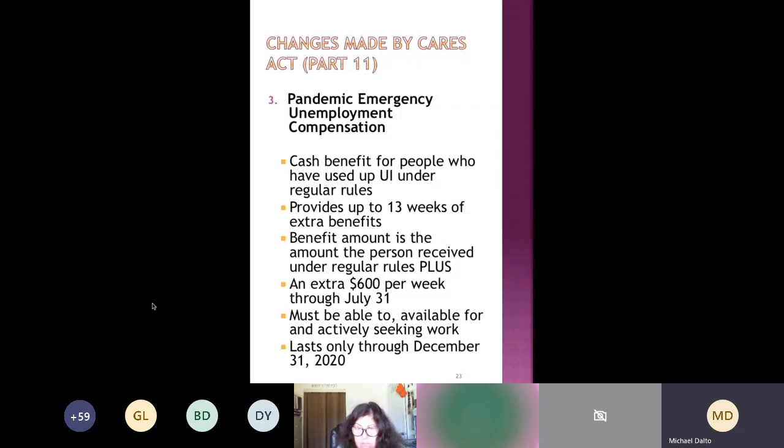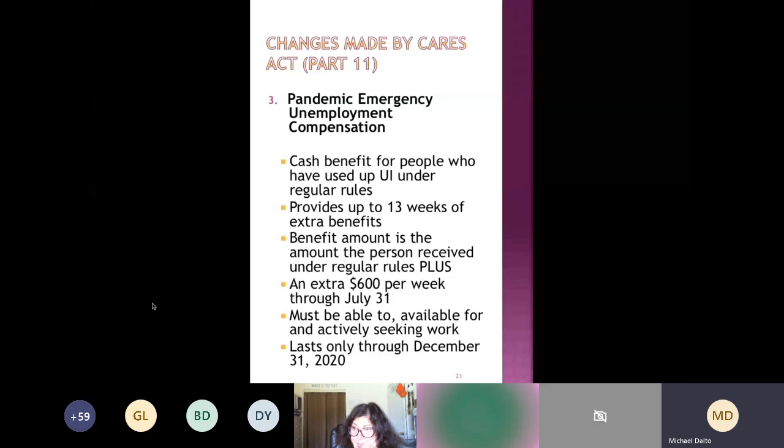Interestingly, though, the CARES Act doesn't say that about pandemic unemployment assistance. It doesn't say you're not eligible if you were fired for misconduct. So it's hard to say how states will interpret that.